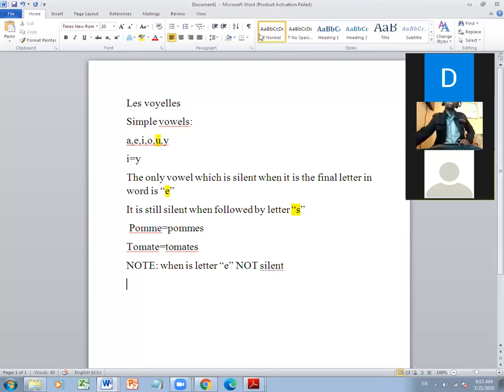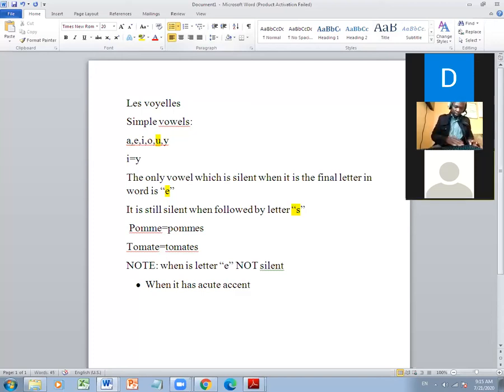The first point is this. The first one is when it has acute accent. What we call in French accent aigu, okay?